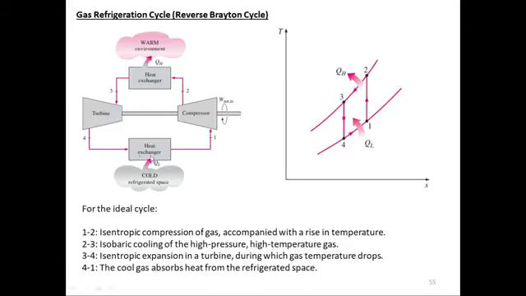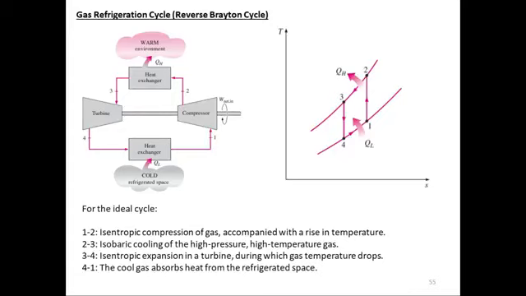So this 4 to 1 is the cooling effect produced, refrigerating effect produced, but this is also not latent. Instead, all it involves is sensible heat, which will be absorbed by the air or by the gas. So these are the 4 processes of a gas refrigeration cycle.